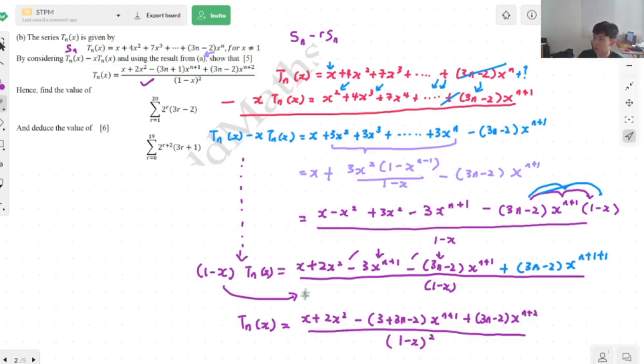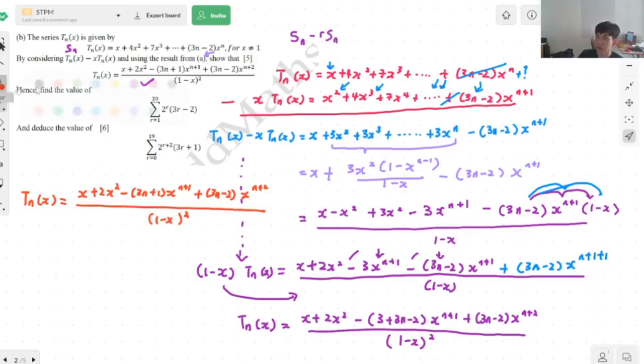Because I bring it to the right side, it becomes divide. So at the end of the time, I will prove whatever I need to prove on this question, where I need to get t and x equal to x plus 2x squared minus 3n plus 1 xn plus 1 plus 3n minus 2 xn plus 2 over 1 minus x squared.